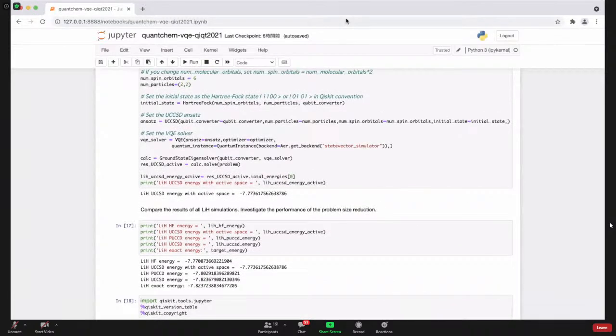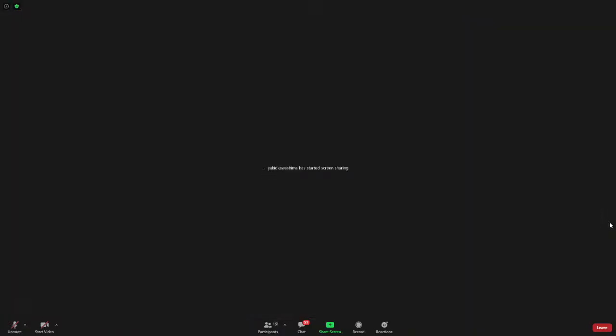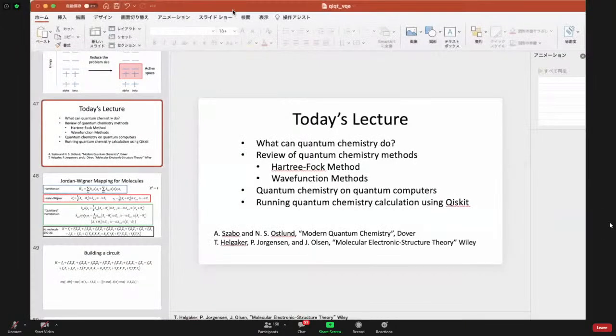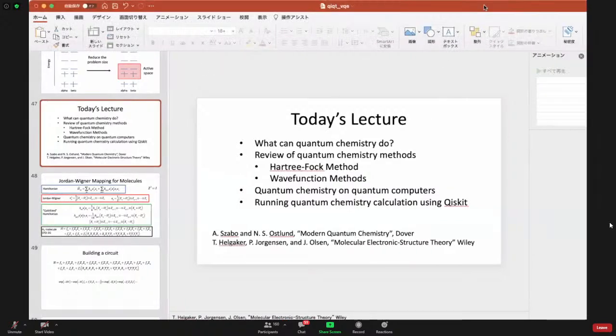So maybe then finally, yes, this is the last slide. I just wanted to start wrapping up what I did. First of all, I described what we can do in general using quantum chemistry simulation. Then I described how we actually solve it, quite briefly, but I tried to give you some idea of what's going on.